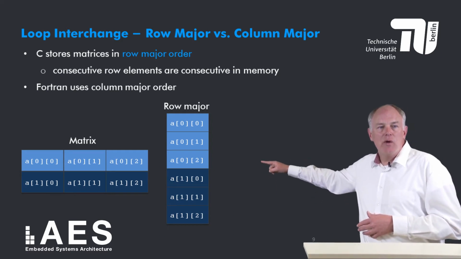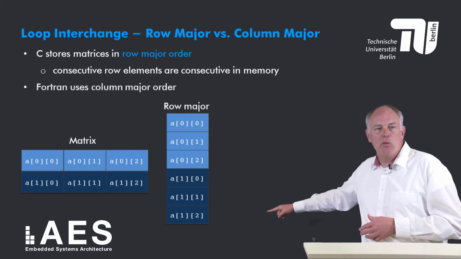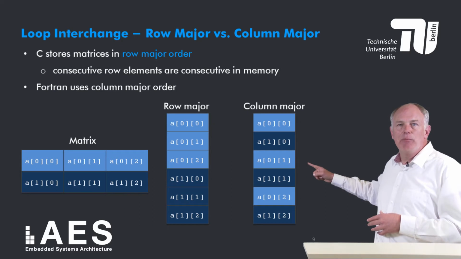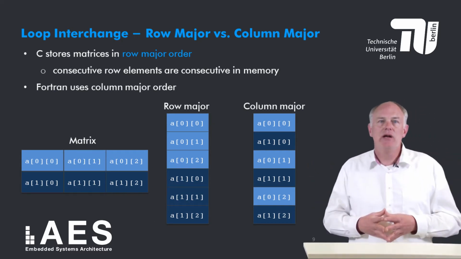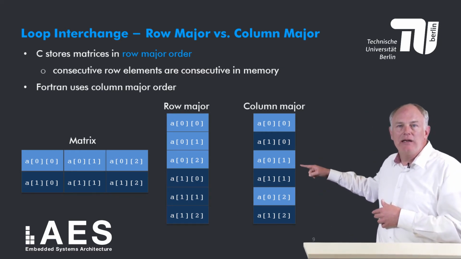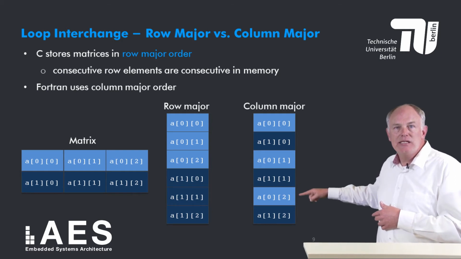First, the first row is stored, elements 0,0 to 0,2, and then the second row, elements 1,0 to 1,2. On the other hand, if column major is employed, the matrix elements will be stored in memory like this. First, the first column is stored, A00 and A10, then the second column, and so on.